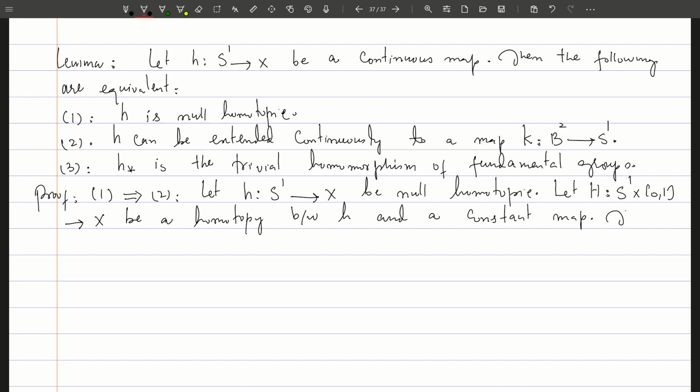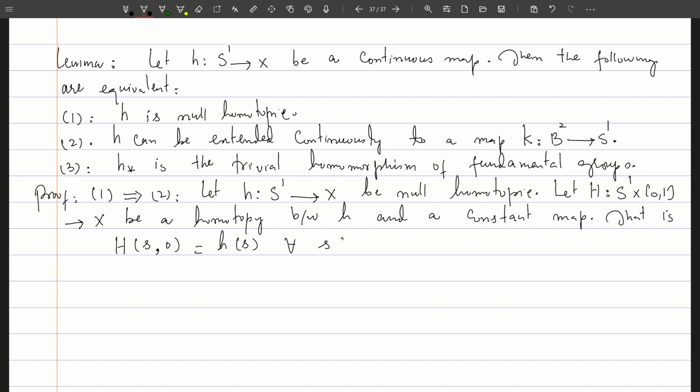That is, if we restrict H in the second coordinate to 0, then we get the map h of s.